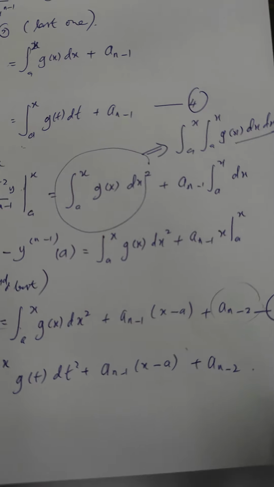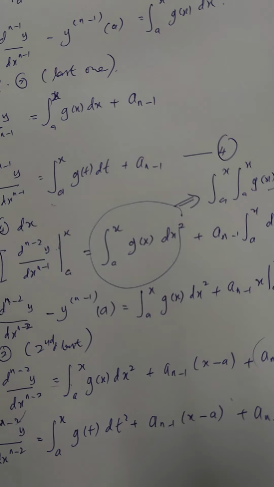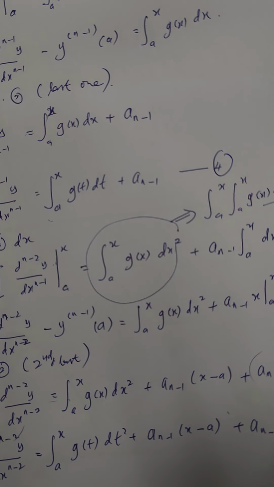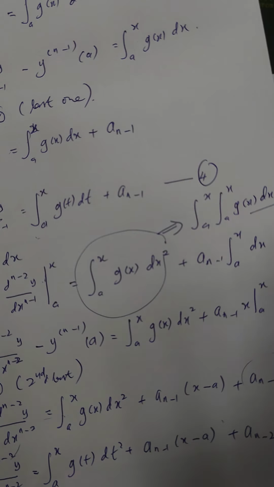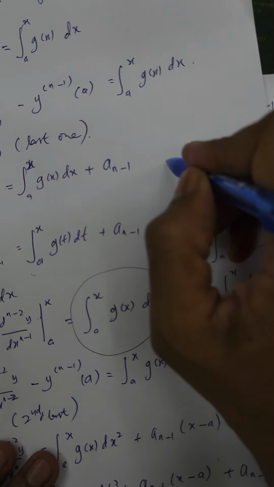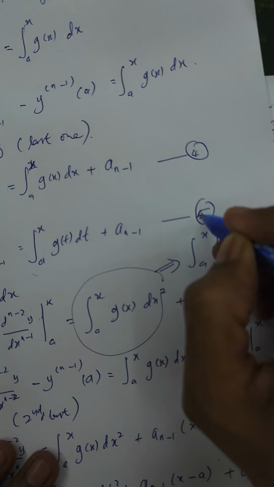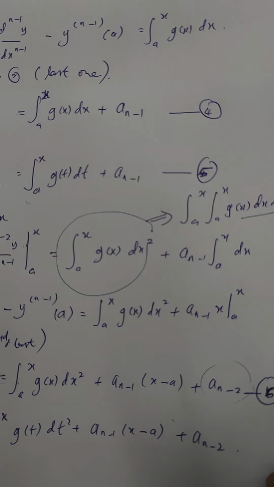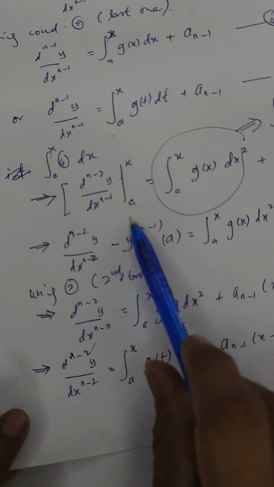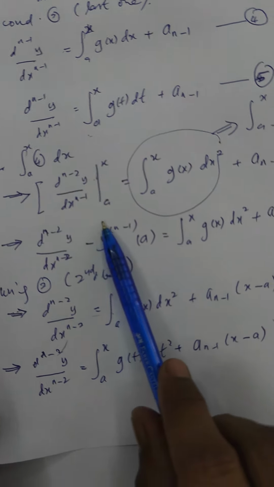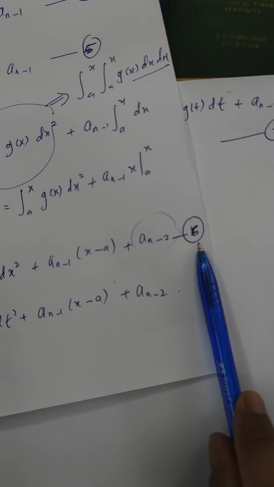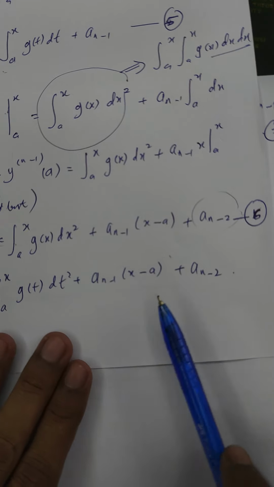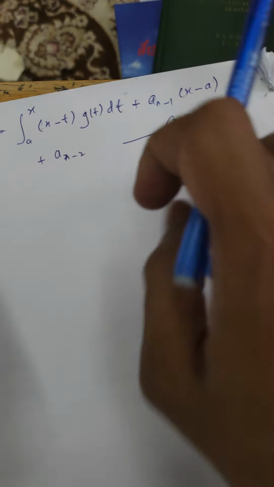Where is equation number 5? Okay, this equation number 4, this equation number 5. Right, so we have those. That's equation number 4 and number 5, and then the second derivative, we integrate the second integration, that gives us equation number 6. All right, and this one is equation number 7.